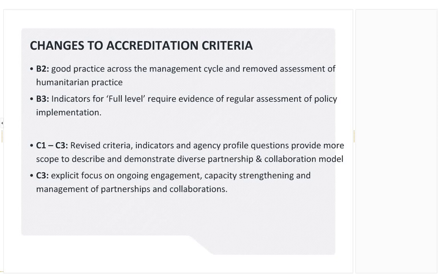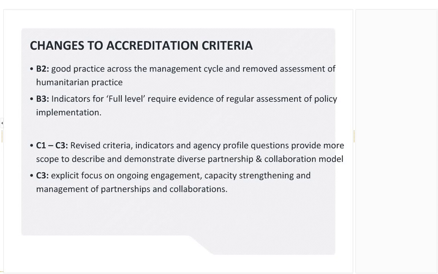So this really requires evidence by Australian NGOs to show that they're formally undertaking capacity assessments of their partners and that they're actively working with their partners on an ongoing basis to deliver good development practice and meet risk management and safeguarding policy obligations. So it really tests the ANGO's efforts to both understand and support their partners downstream in a much more explicit way than was reflected in the accreditation framework in the past. That is an important one for you to note.